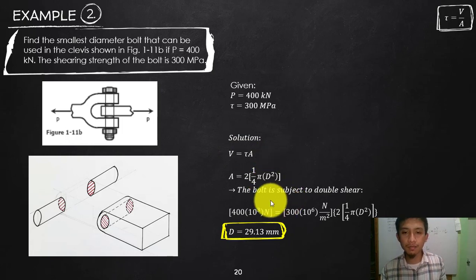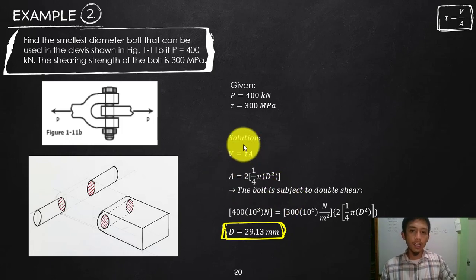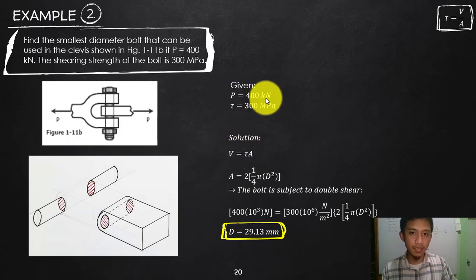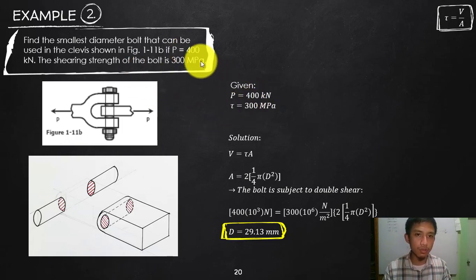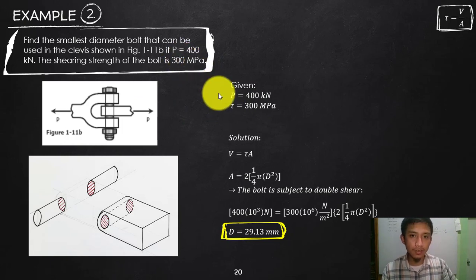It's up to you, you will just play with this equation. Your V is the force P, that is the shearing force that will cause the shearing stress, so 400 kilonewtons. The tau is the shearing strength of the bolt, which is 300 megapascals. So substitute.